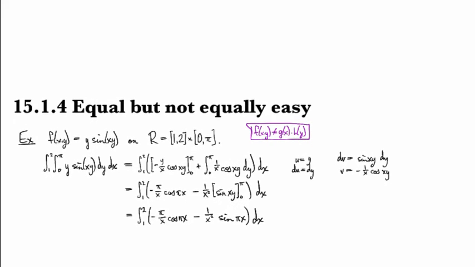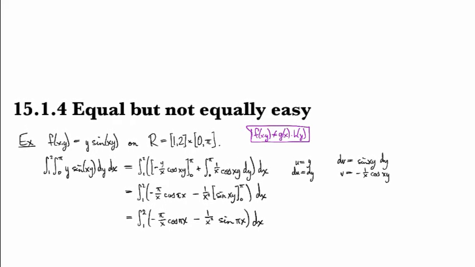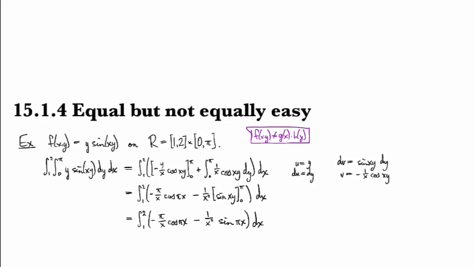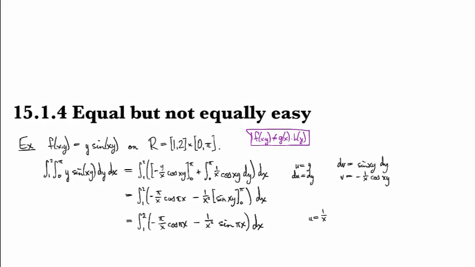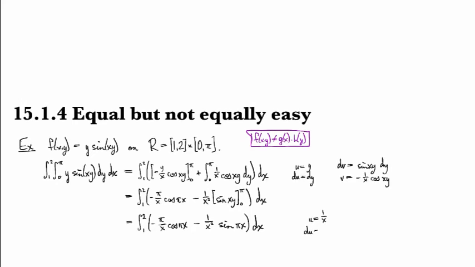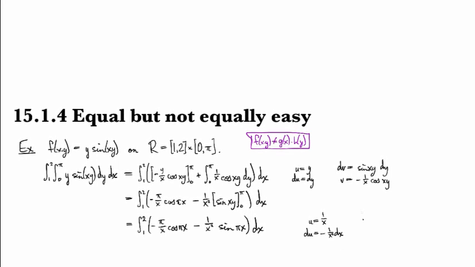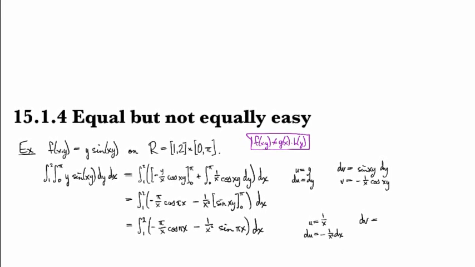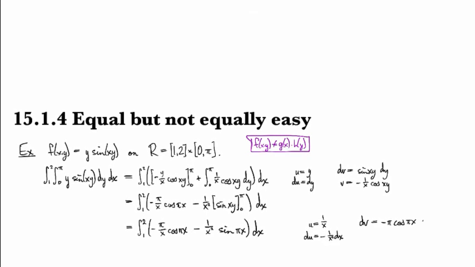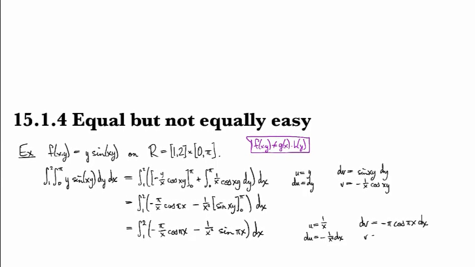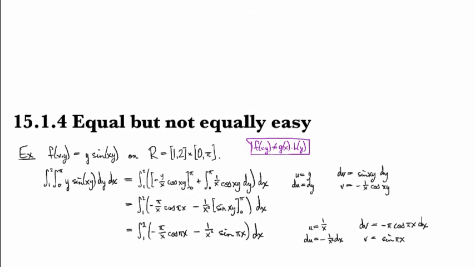Now we can integrate this one, and again we need integration by parts. Here, u is 1 over x, and then du is minus 1 over x squared dx. Our dv will be the other part, which is pi cosine pi x, so v is sine of pi x.